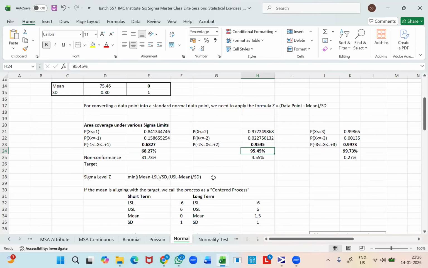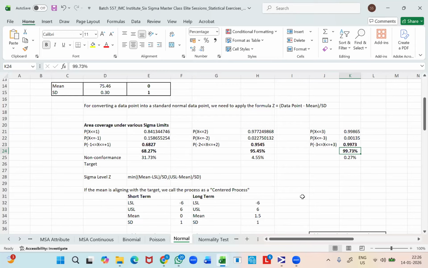Or if it is 98% adherence, what can you tell about the process sigma level? 2 sigma level is 95.45% adherence. 3 sigma level is 99.73% adherence. So 98% adherence will be between 2 and 3 sigma level. So we can make a rough estimate of the process sigma level if we know all these three values.